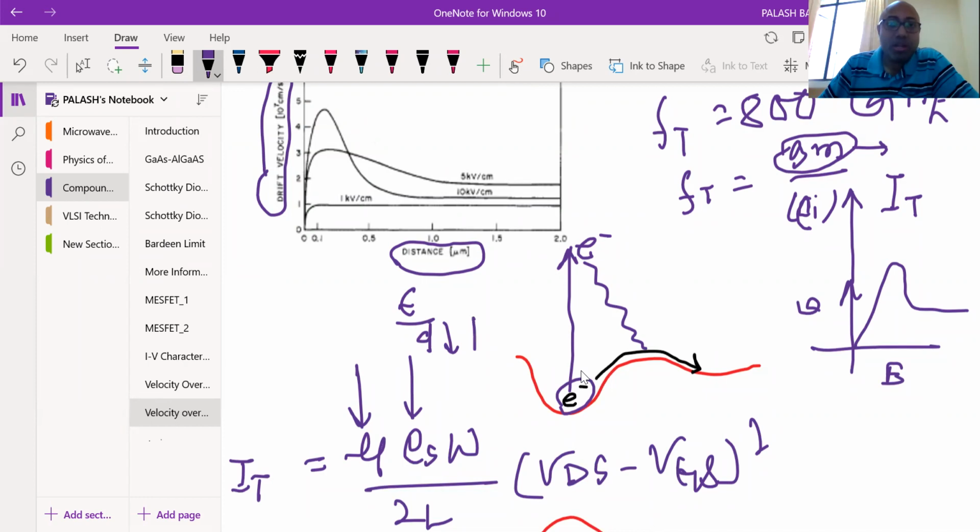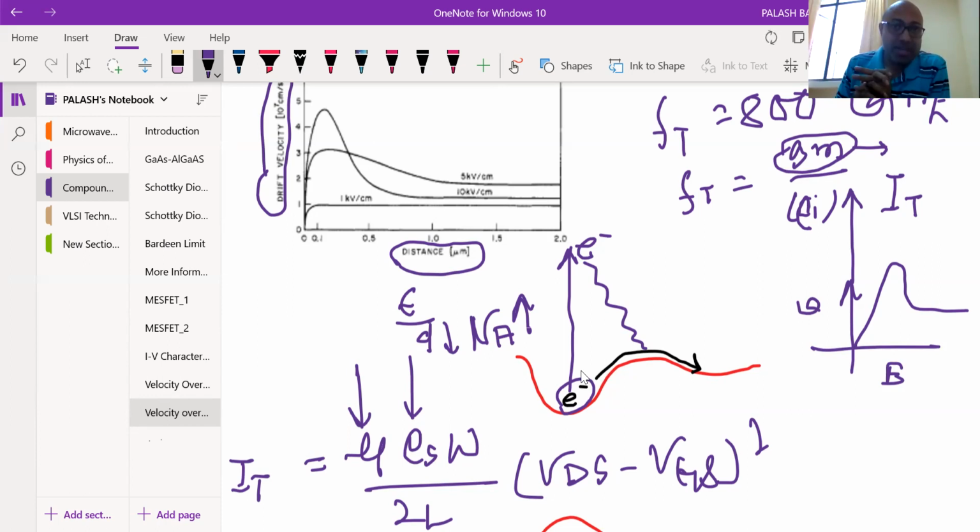And if you want to reduce XD, what will happen? NA has to increase. But the problem is that the moment you increase NA, your mobility will decrease. So you see the problem, it's all actually related. It's not so straightforward, right? So you have to be very careful.